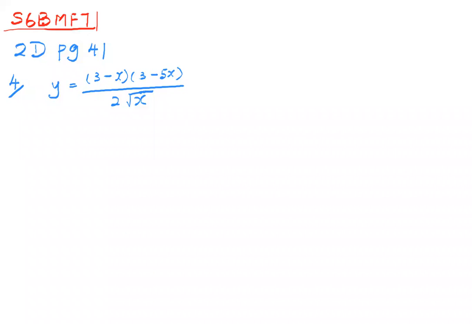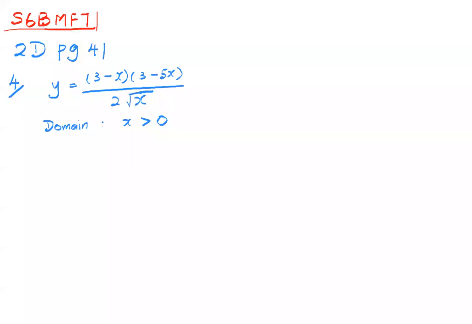And when you see square root, there are two things that you have to bear in mind. Because the square root is at the bottom, we must say x must be greater than 0. So that is the domain.